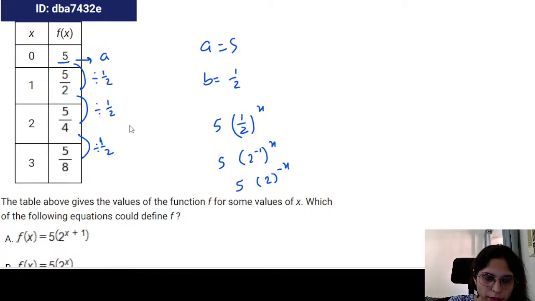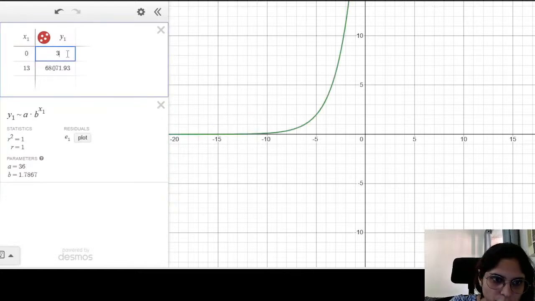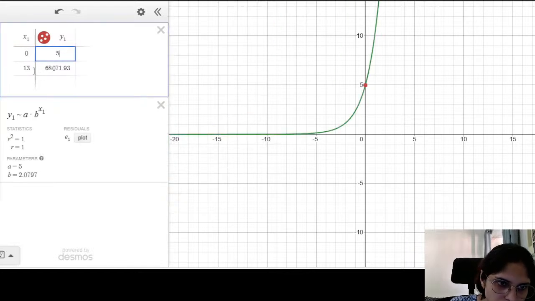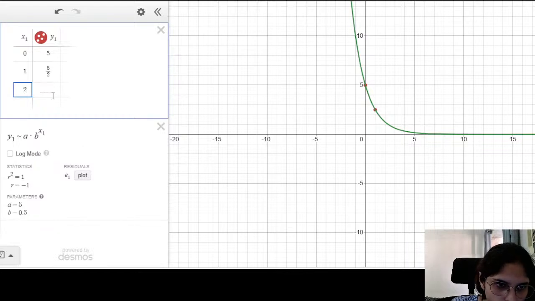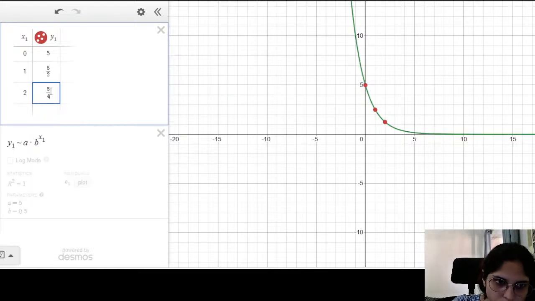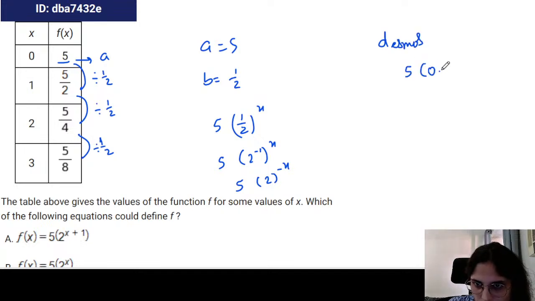Or if you want the equations, what you can do, you can just go here, get the tables: 0, 5, 1 is going to be 5 halves, and you only need that 5 fourths. Now you will be getting through Desmos 5 times 0.5 to the power x, and that is none of the options.